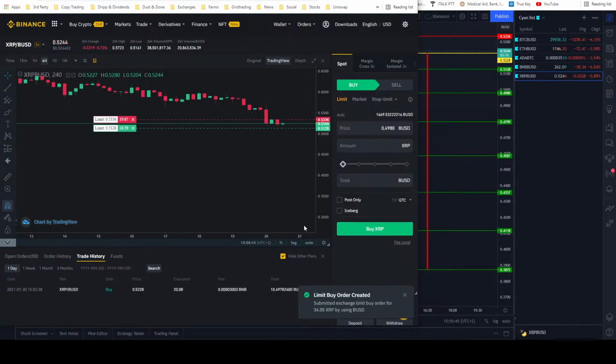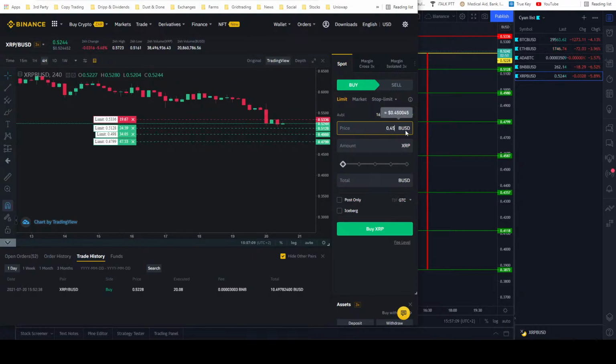Setting them up. I've actually drawn myself out an Excel sheet knowing exactly my percentages which I like trading and the value of each trade.